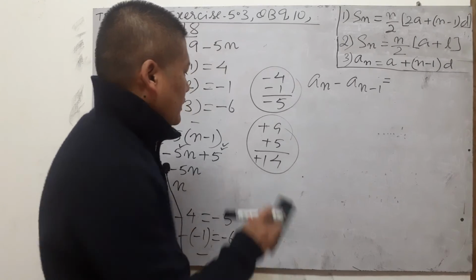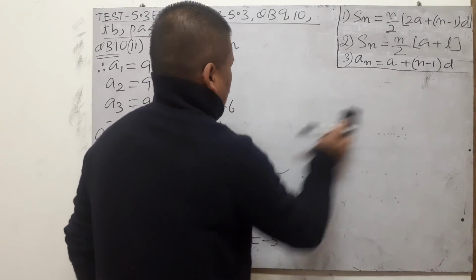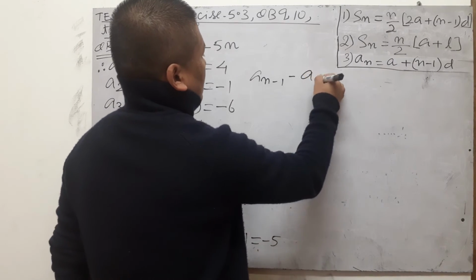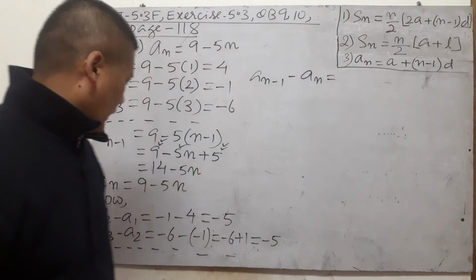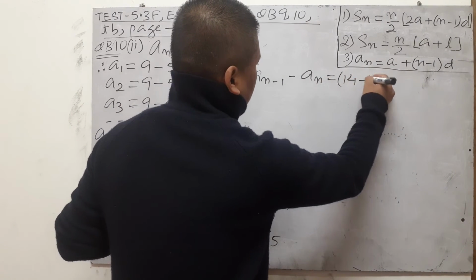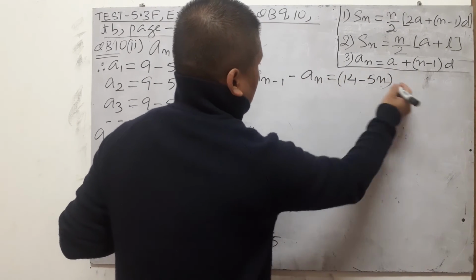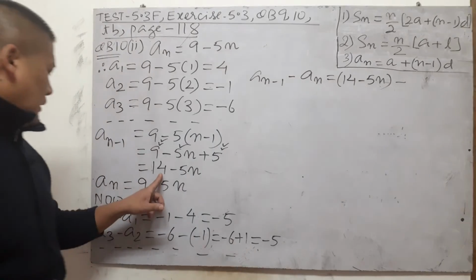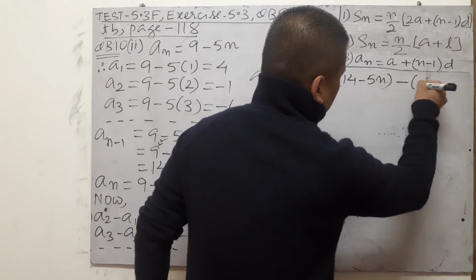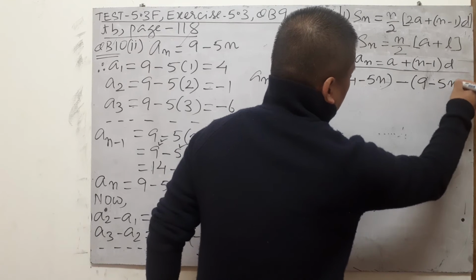Okay, let me rub out this thing so I can have space. An minus 1 minus an will be here. An minus 1 value here, 14 minus 5n, and minus an value here, 9 minus 5n. So if there's a minus, we need to put bracket, 9 minus 5n.